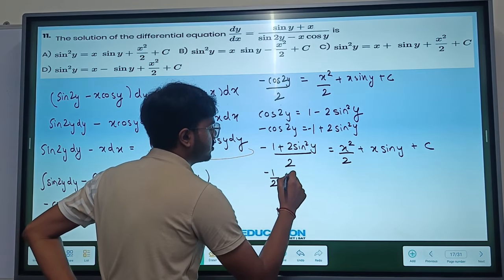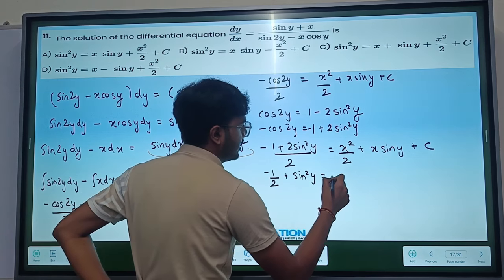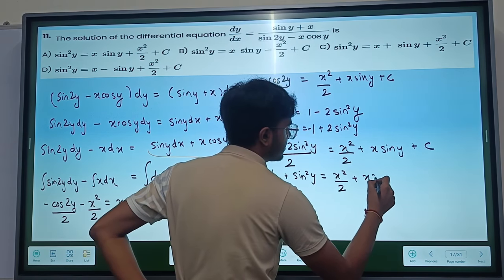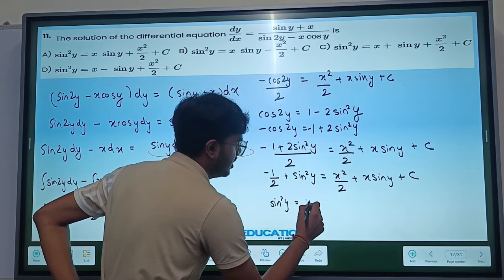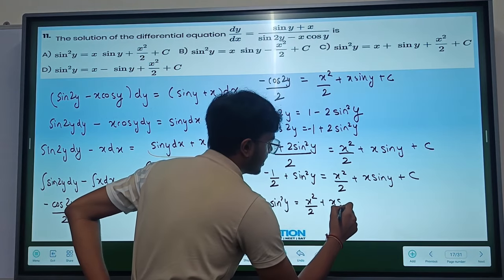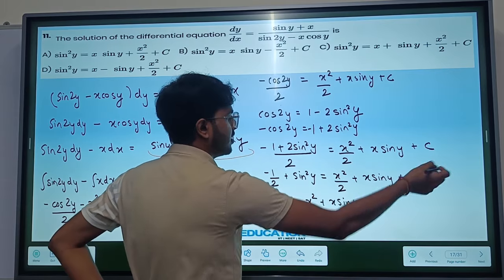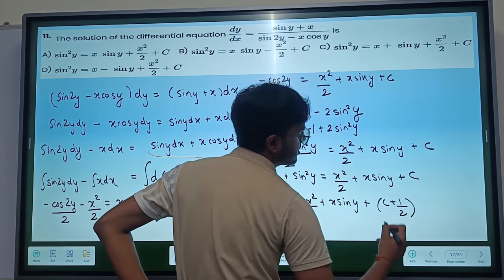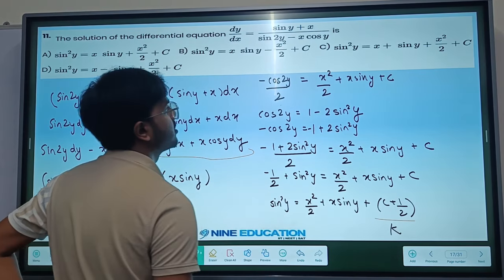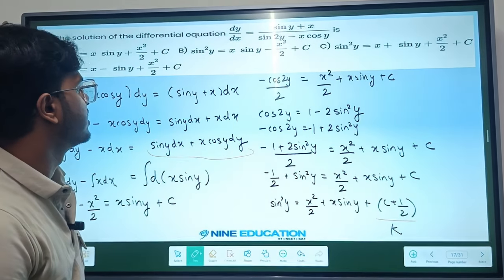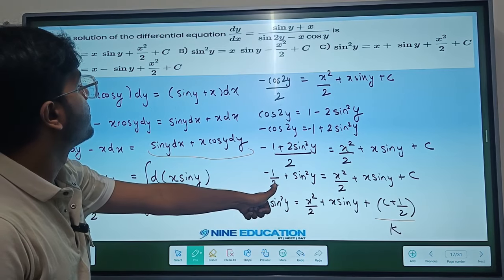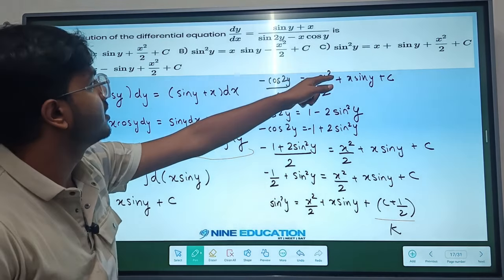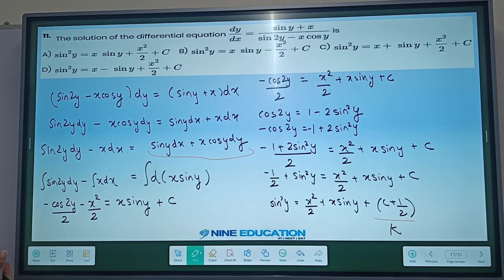So minus 1 by 2 plus sin square y equal to x square by 2 plus x sin y plus c. So sin square y equal to x square by 2 plus x sin y plus 1 by 2 goes over here, c plus 1 by 2. Now c is a constant, c plus 1 by 2 is another constant, k, or anyways capital C. So sin square y equals x sin y plus x square by 2 plus c, option A.